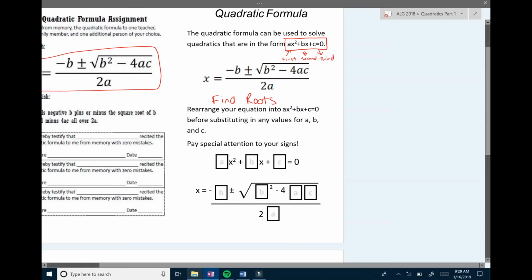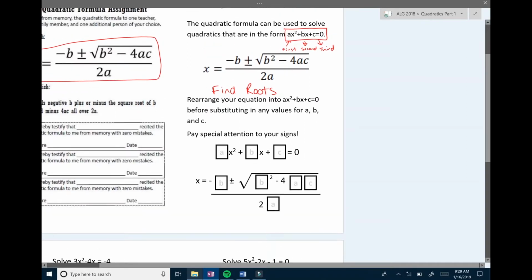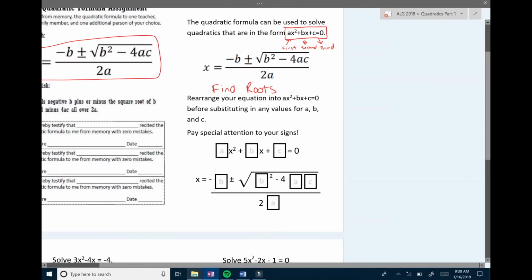Now notice that at the end, it equals 0. So that's what it needs to be. It needs to equal 0 the entire time. Alright? So all you're going to do is rearrange your equation into ax squared plus bx plus c equals 0, if it isn't already equal to 0, before substituting any given values for a, b, and c.